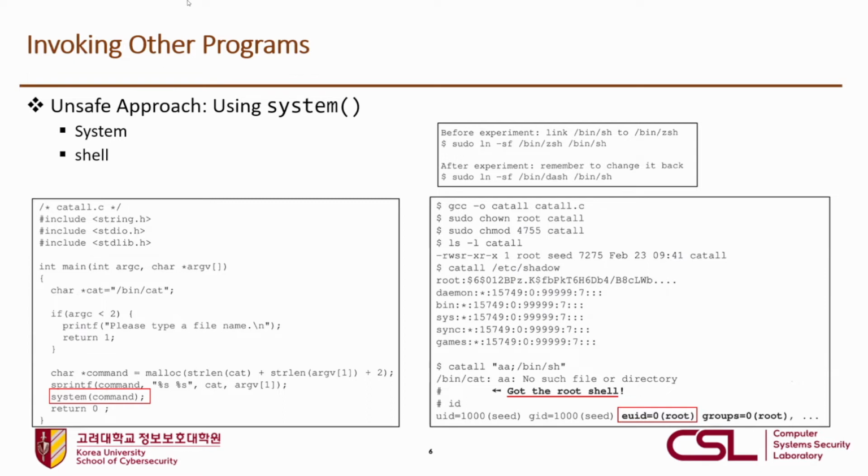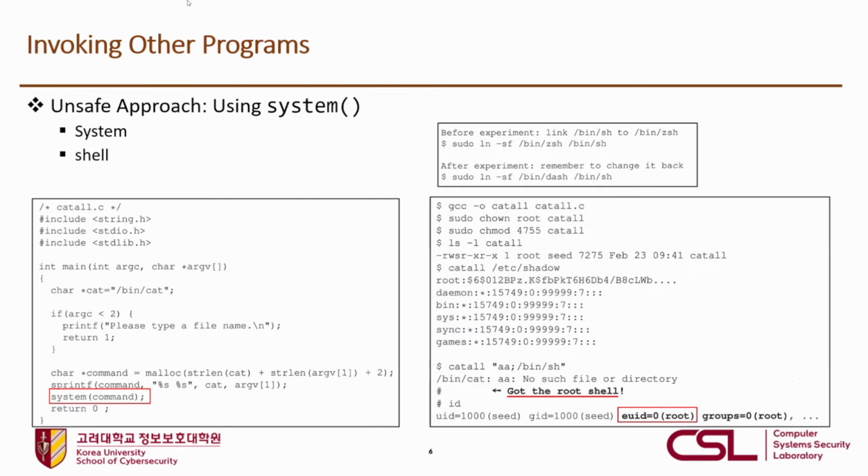The dash shell has a mitigation applied to automatically drop privileges if the UID and EUID are different. So in order to attack, you need to set sh to point to zsh, the Z shell. After the attack is over, you need to point sh to dash again, like the second command.